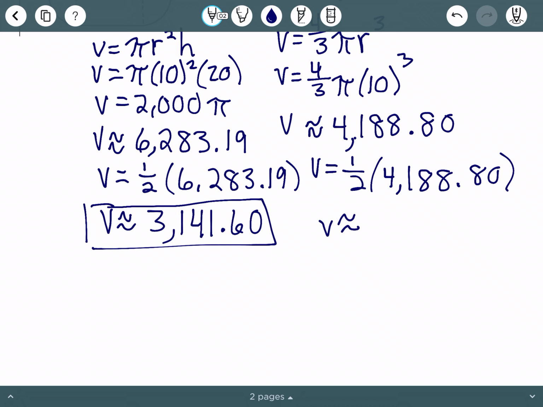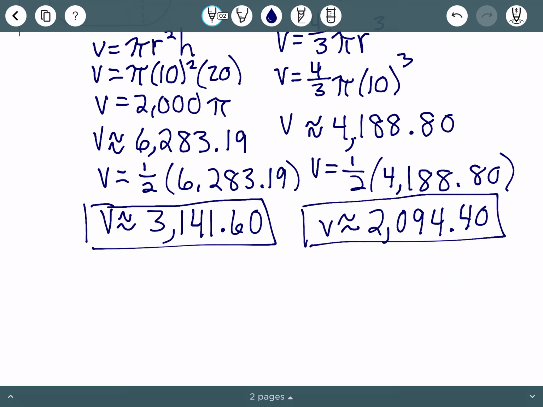So we're going to take that number and multiply by 1/2. And when we do that, we get, if we round to the nearest hundredth, 2,094.40.